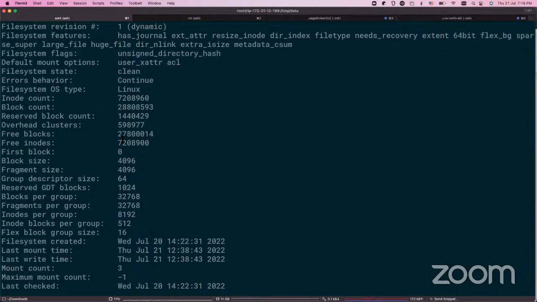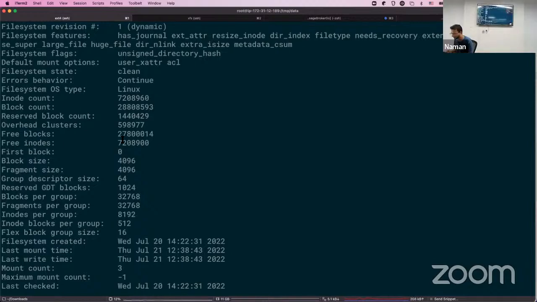And the blocks can be non-contiguous. Yadu has asked whether blocks can be non-contiguous, and that is true. There are instances where contiguous blocks are not available, so it will say, from this to this, these blocks are being used, and then these, and all of this information is stored inside the inode.